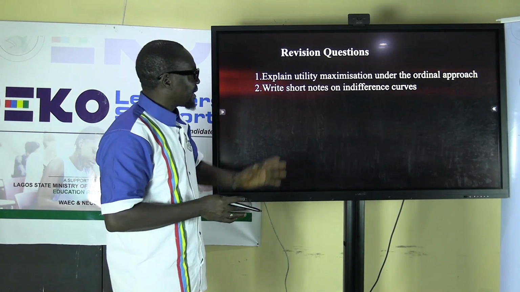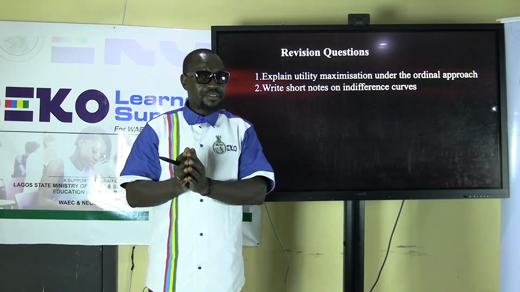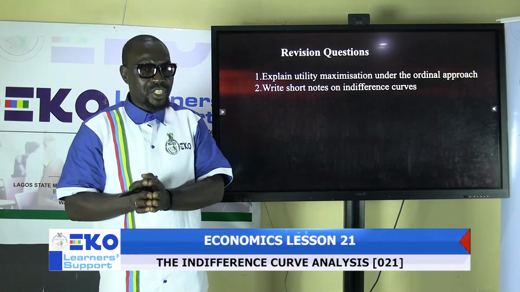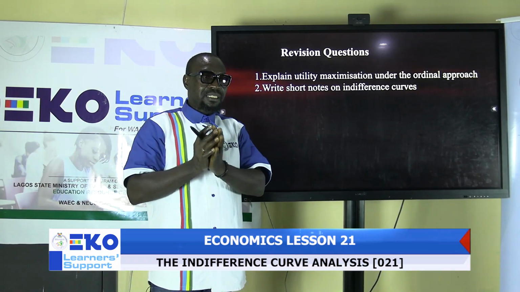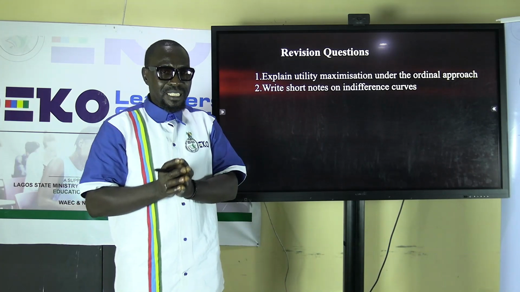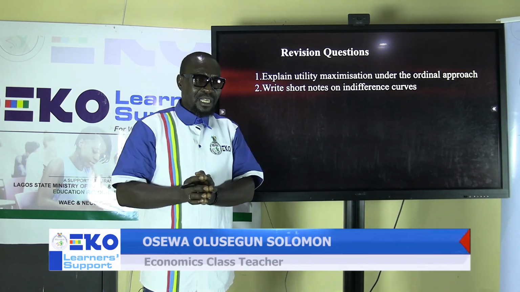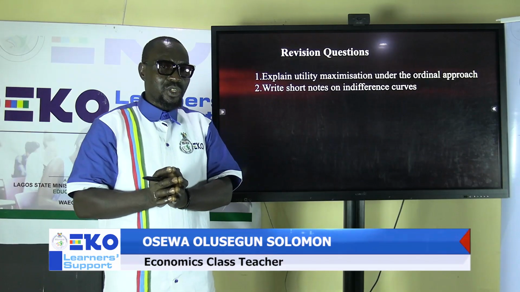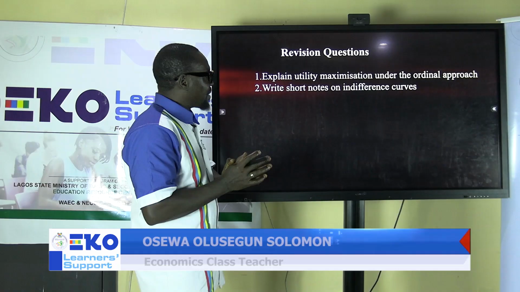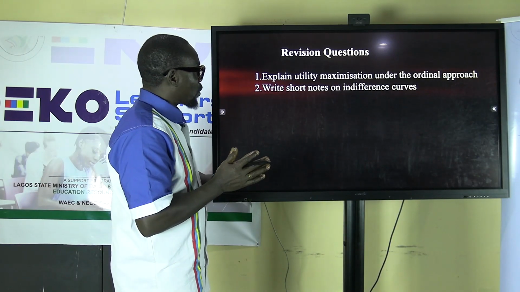We did say that an indifference curve is a locus of points that shows the different combinations that offer the same utility to a consumer. The locus of different points shows the various combinations of two commodities that give the same level of satisfaction to a consumer.